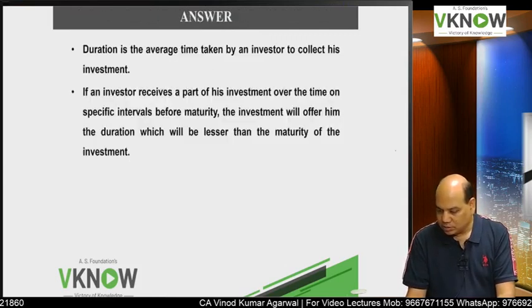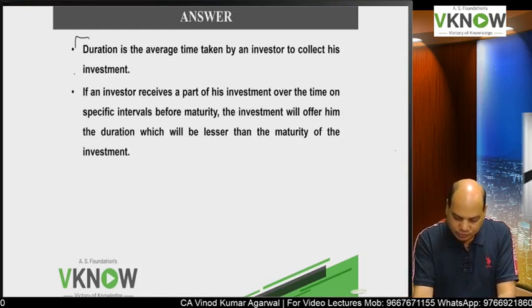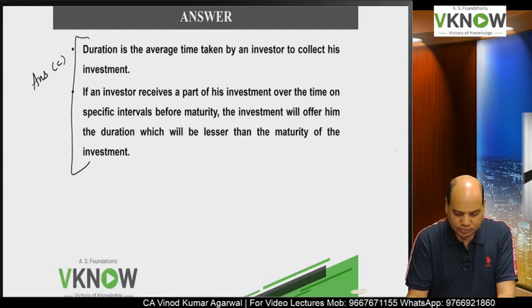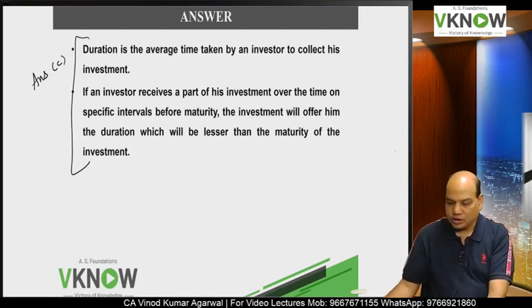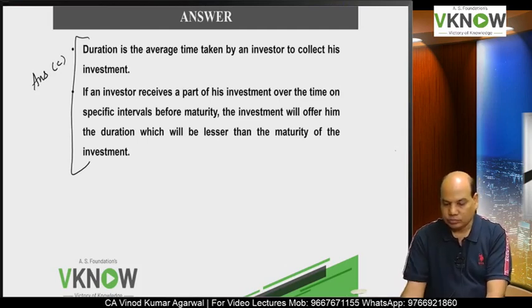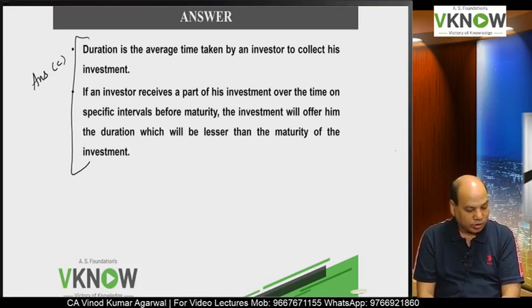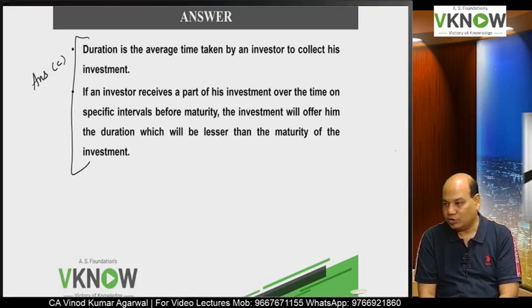Now tell me the last answer, write down. Answer of part C. Sometimes they ask theory question also. So write, why duration is always less than time to maturity? So write down two lines for that.